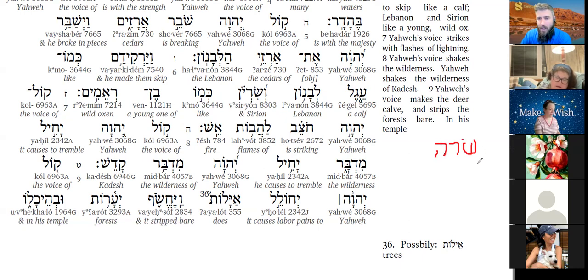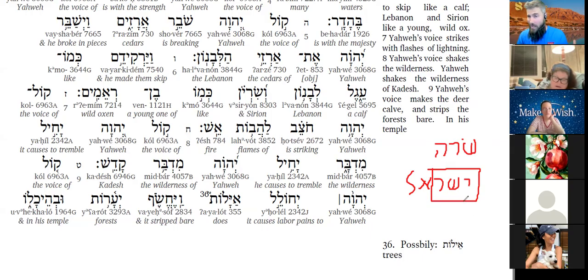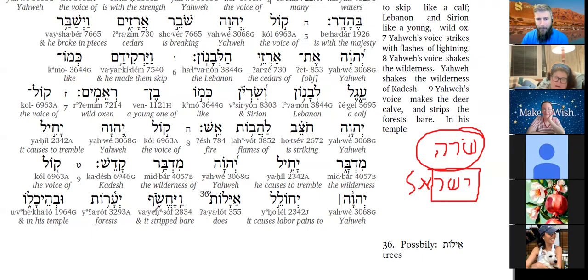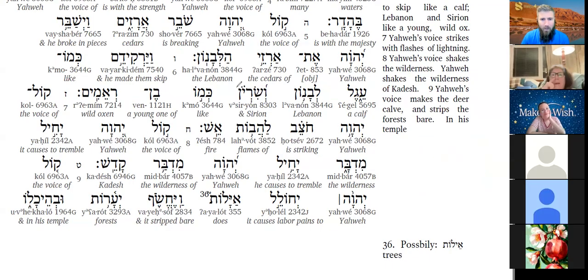Originally Sarai and then later Sarah, but also probably Yisrael. He strives or contends with God, Yisrael, and then Sarah is princess in the feminine. That's kind of weird to see the two place names in parallel with, well, I think they're supposed to be in parallel with that.